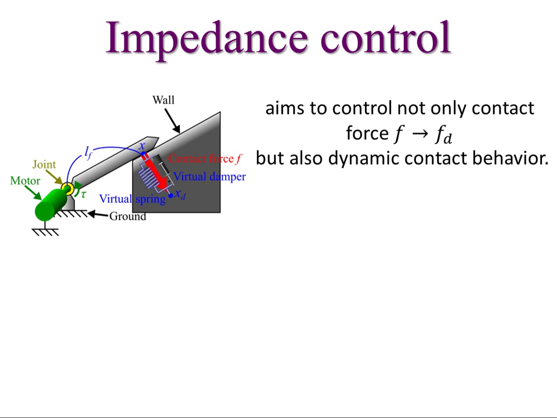The control objective of impedance control is to make the actual force F converge to the desired force Fd, the same as in force control.